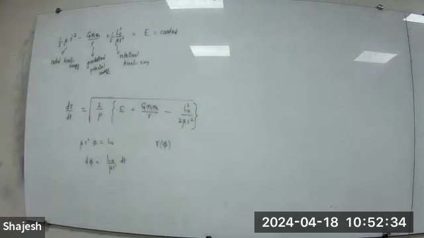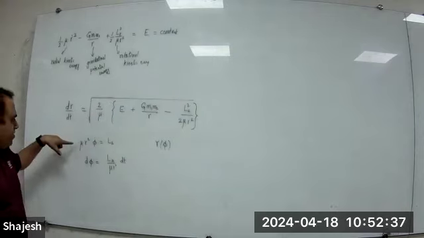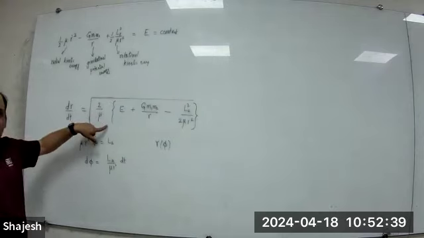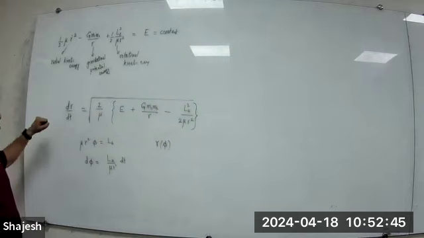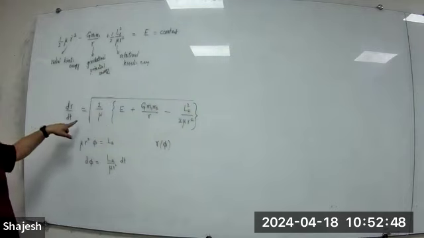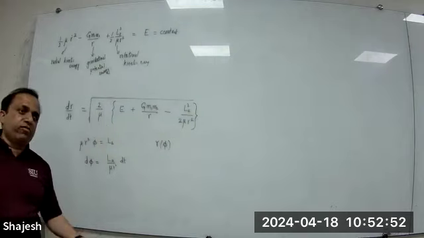Again, to avoid that distraction, we have this as our equation. If I integrate this, I get r as a function of time. That's good, but what we would like is r as a function of angle.